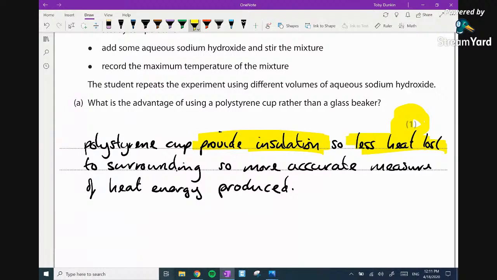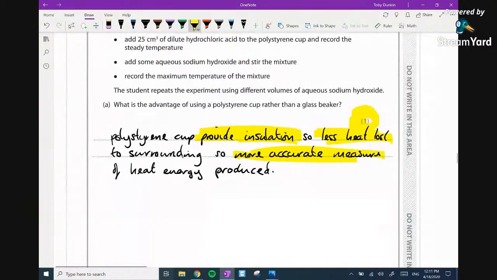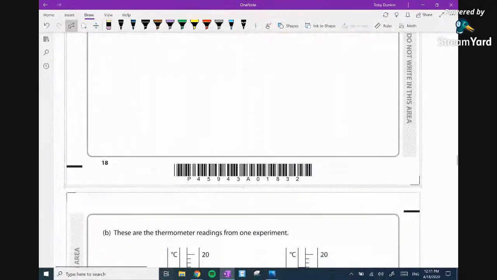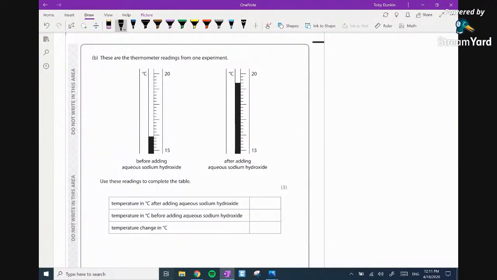What is the advantage to it? You're going to lose less heat. And so I just don't trust it. And also, it makes the measurement more accurate. So I'm giving 3 good, solid reasons for this being better, but I'm not sure which one's going to be the mark. We'll look when we mark it.